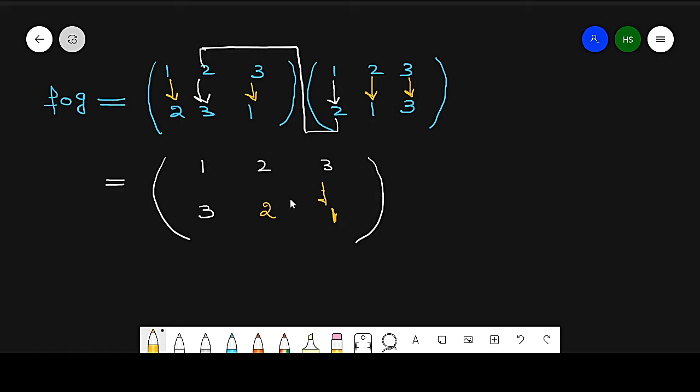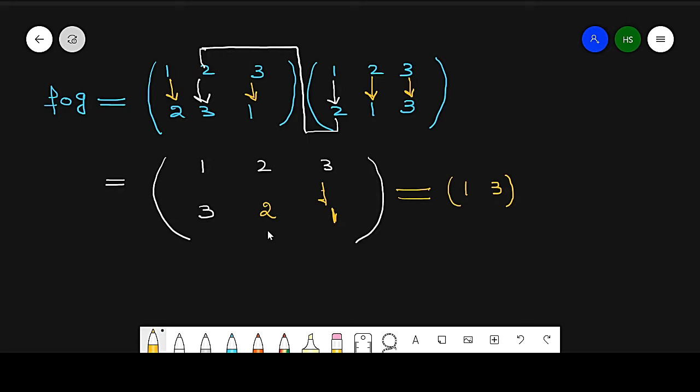Now this permutation, how can we write it as a cycle? If 2 goes to 2, this acts as identity. So the cycle can be written as, starting from 1: 1 to 3, then 3 to 1, so the cycle is complete.